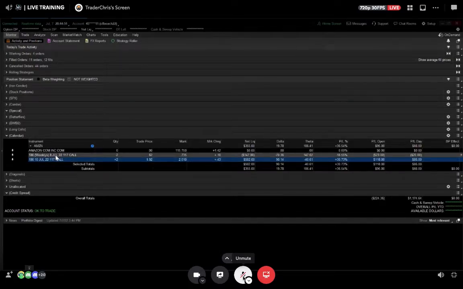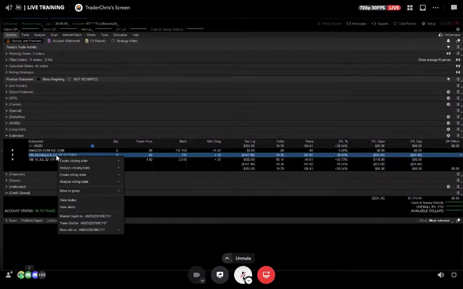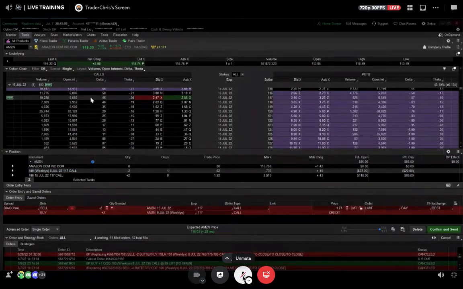We're getting out of the 8 July 117 sometime tomorrow if we decide to roll. And to do that, you right click on the 117 short call, create rolling order. It automatically selects the next expiration, the next 117 in the 15 July expiration period.